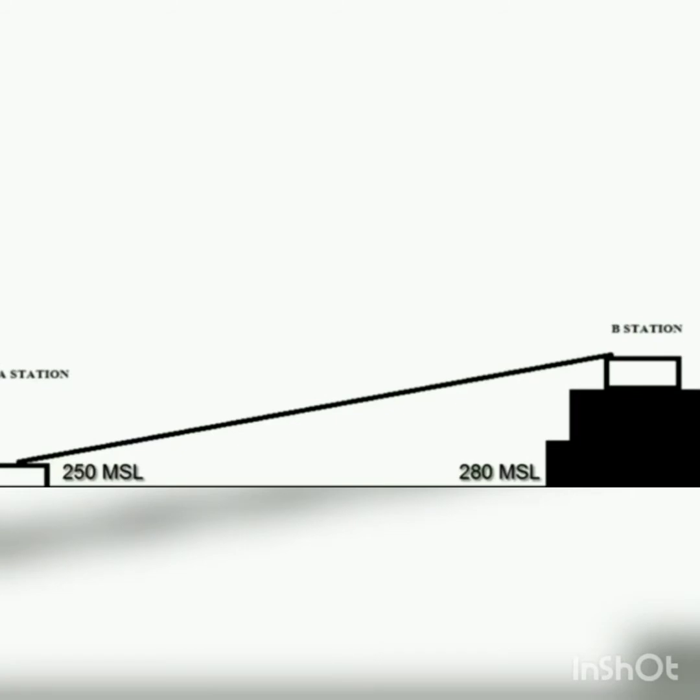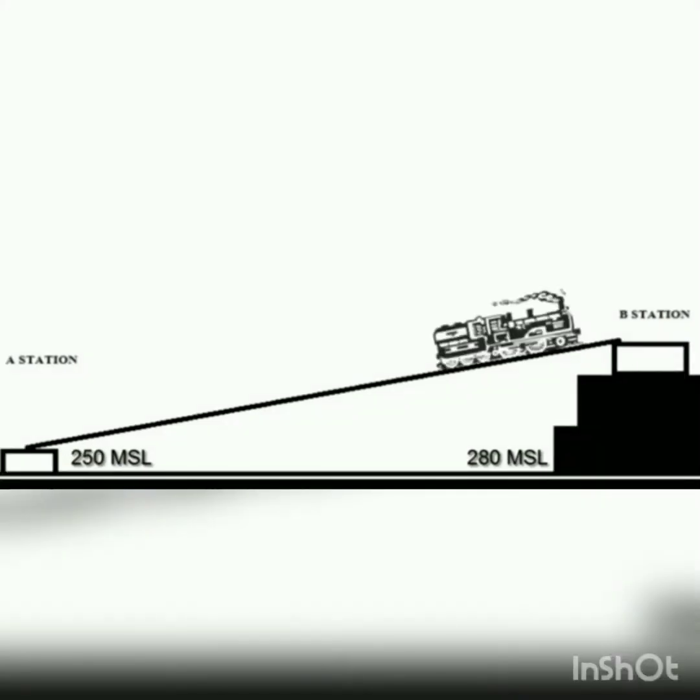You can just check the height here. Station A is 250 MSL, station B is 280 MSL. So this is helpful for both the person who is laying the track and also the person who is running the engine, to know the power needed to climb up, or what speed he can go and climb.